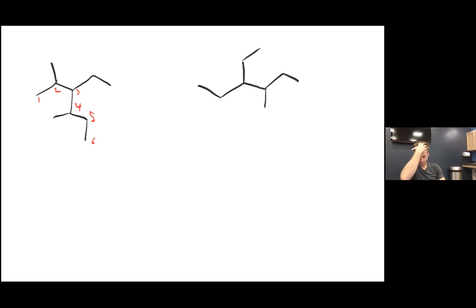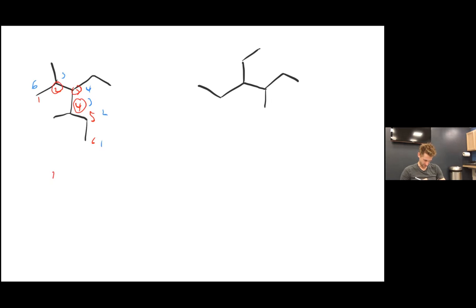Okay, first one here, longest chain with the most constituents. I drew it in red. We can also go the other direction. Taking a look, our red pathway has a substituent on 2, 3, and 4 here.